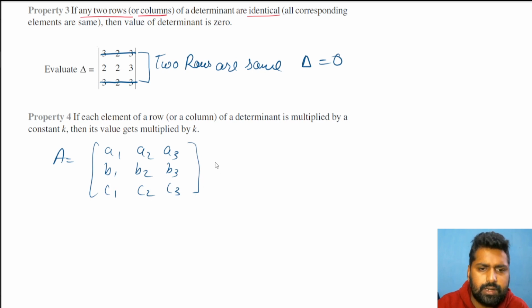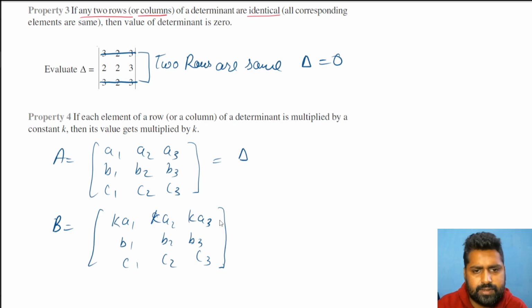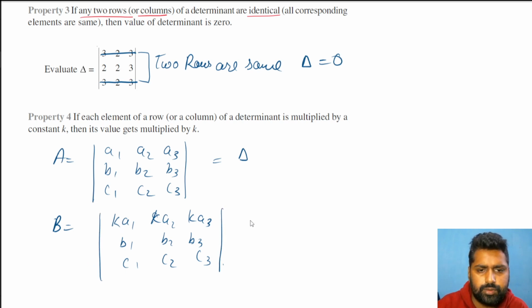Let's say the determinant is delta. And then you have another matrix B, in which the first row is KA1, KA2, KA3, then B1, B2, B3, C1, C2, C3. Let's put its determinant directly. That was the matrix whose determinant was delta.